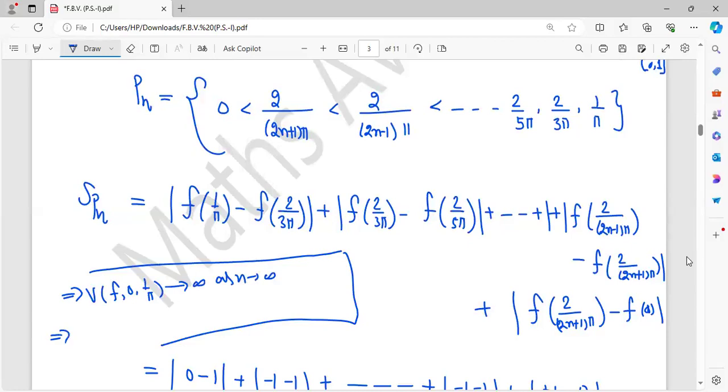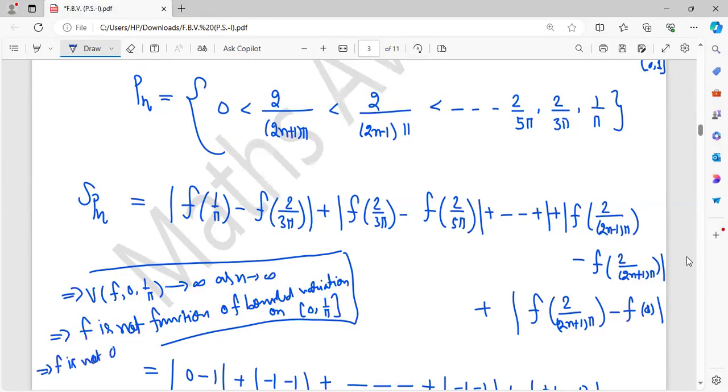So f is not a function of bounded variation on 0 to 1 upon pi. If it is not on 0 to 1 upon pi, this implies f is not on 0 to 1, because it is not on a smaller domain. So in a larger domain, it cannot be.